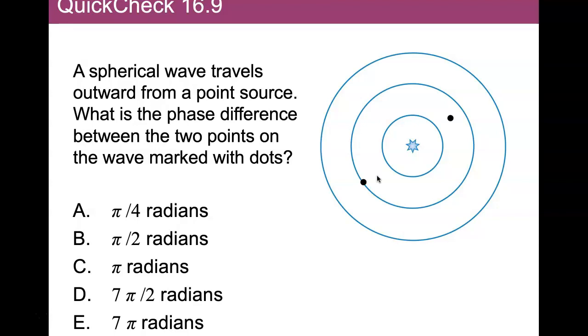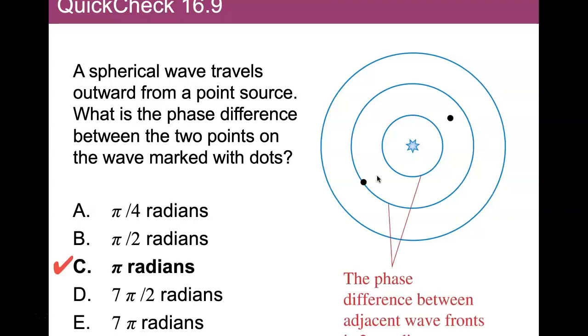So that's lambda over 2. And then 2 pi over lambda times lambda over 2. Lambdas cancel out. It becomes pi, right? 2 pi divided by 2, which is pi. So these 2 points have a phase difference of pi radians.